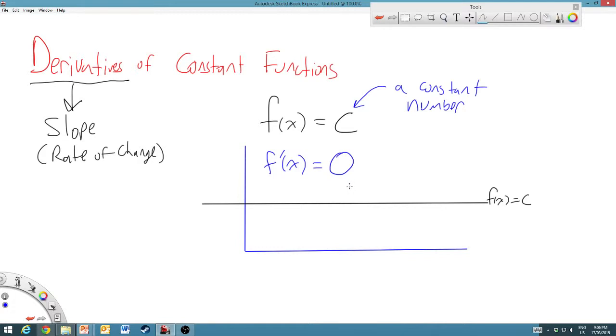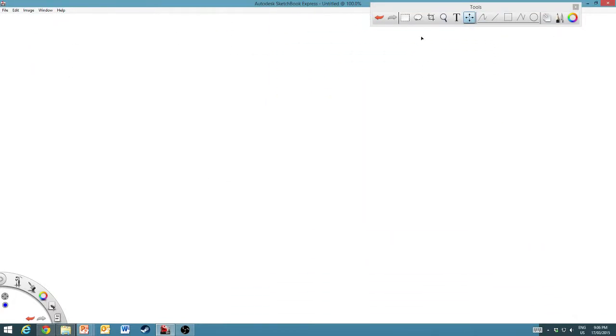Now, I should also mention at this point that sometimes the derivative is written not as f prime of x, but sometimes it can be written as follows. f prime of x is what I usually write because it's faster and easier, but sometimes we use what's called Leibniz notation, and it's written like this.